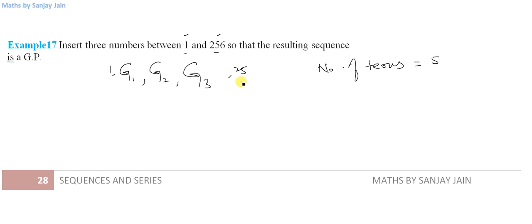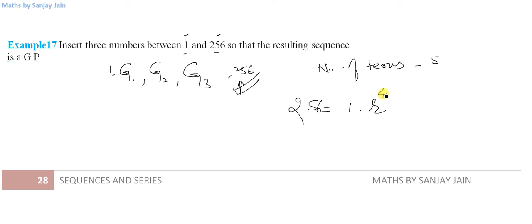So which term is this? This is 5th term. a5 is equal to first term, that is 1, into common ratio raised to power 5 minus 1, that is 4. This term is the 5th term, but this is not 25, this is 256, right?